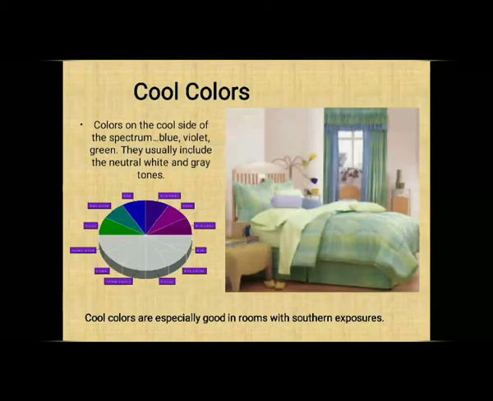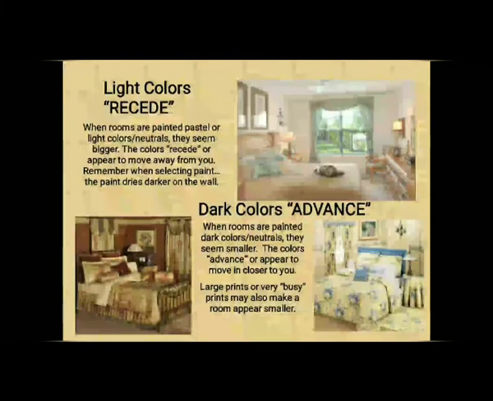Okay, next is dark and light colors. Dark colors are called advance, light colors are called recede. When a room is painted with pastel light colors or neutral colors, it seems bigger. The color retreats or appears to move away from you. When a room is painted with dark color, the room appears compressed, or smaller than its own size.